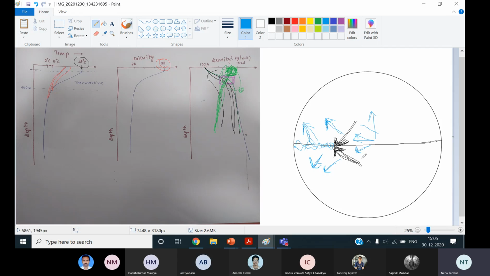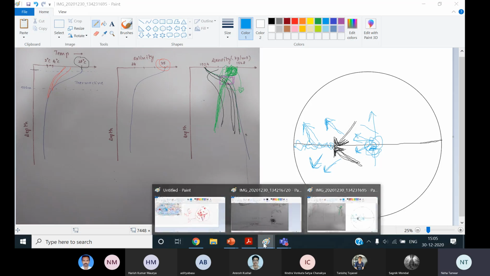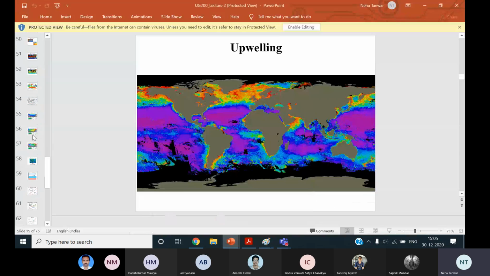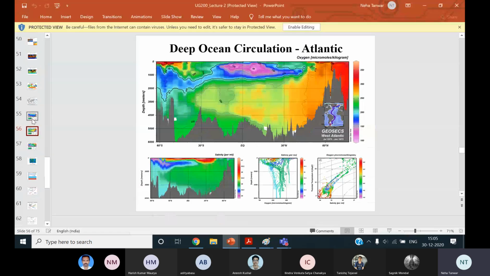The surface water is constantly moving away, and the water from beneath is always rising up to fill that vacuum. So that is upwelling.